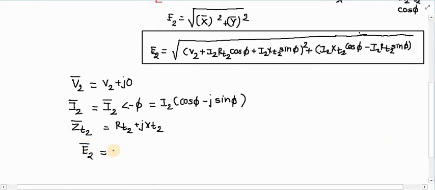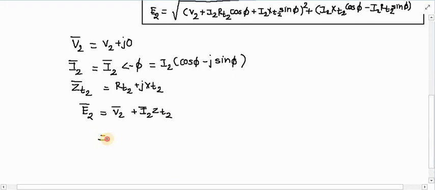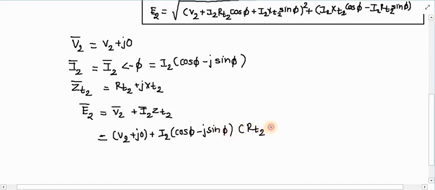My E2 is equal to V2 plus I2 into ZT2. Put the values in rectangular form when we are doing addition or subtraction, and put those values in polar form when we are doing multiplication and division. So what is this V2? V2 is nothing but V2 plus j0. What is my I2? I2 is nothing but I2 into cos of phi minus j sine of phi, into what is ZT2? It is nothing but RT2 plus j XT2.